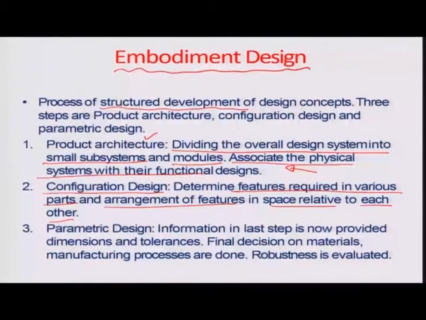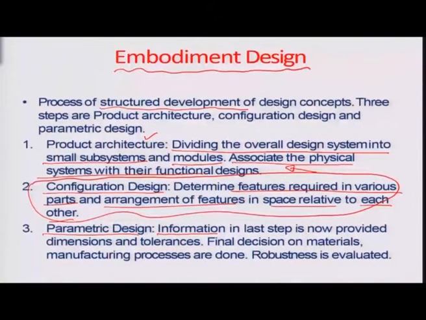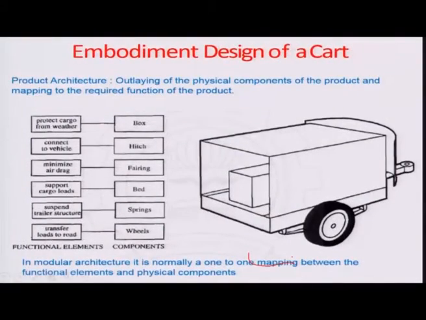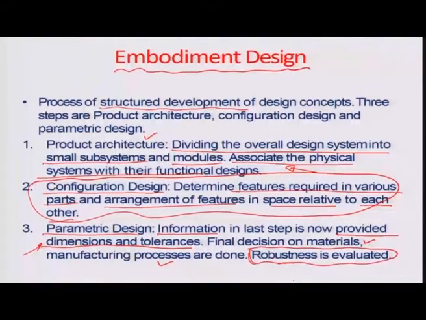And then of course, there is a parametric design phase, where we take the information from the last step, which is the laying out in space of all the different components together, and then provide dimensions and tolerances based on the functionality and the flow of the product, and final decisions on the materials used, the manufacturing processes to be deployed, and the overall robustness of getting something manufactured and delivered are evaluated. This all comes into the parametric design aspect of a product.